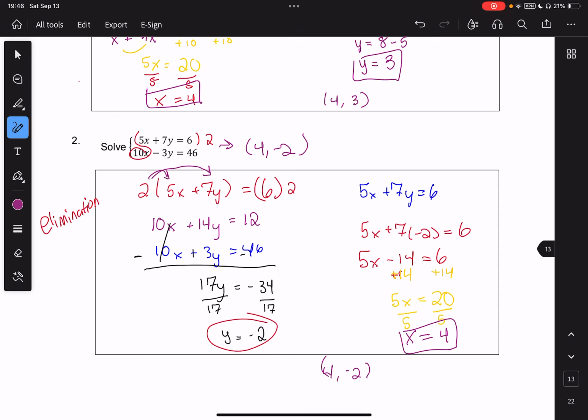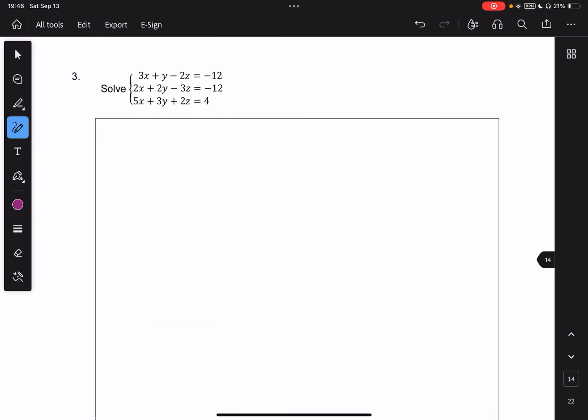Okay. So question number 3 is, now we have 3 variables. And when we have 3 variables, we have 3 equations. We don't always have 3 equations, but in this case, we do. So we have x, we have y, and we have z.